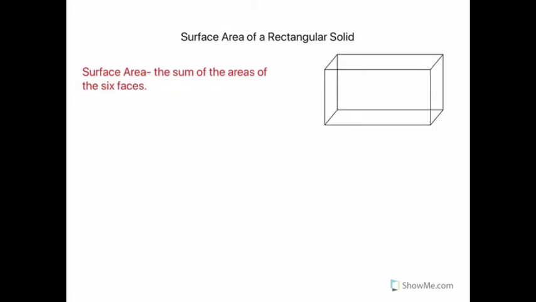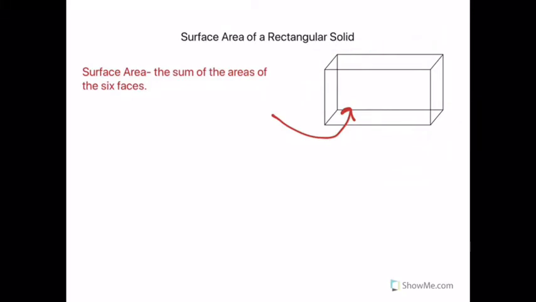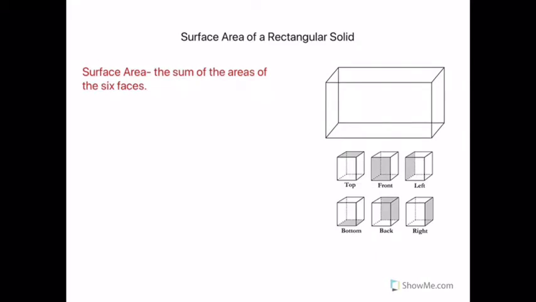Again, there is the front, the back, the left and right, and then the top and the bottom. So we need to find the area of all of those faces, add them together, and then you will have surface area. Let me grab a visual that I think might help us picture this a little.